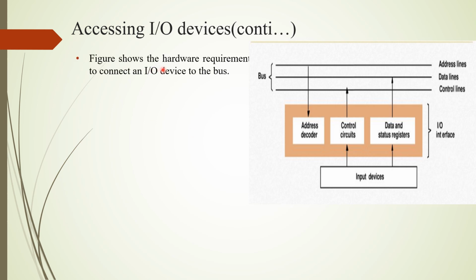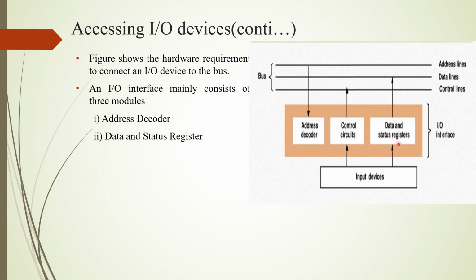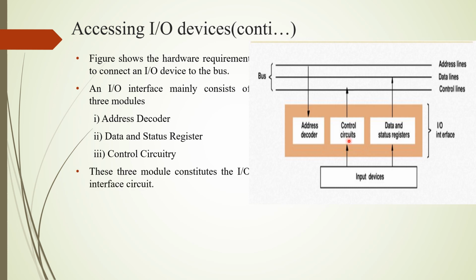This figure shows the hardware requirement to connect an IO device to the bus. An IO interface mainly consists of three modules: address decoder, data and status register, and control circuit. These three modules constitute the IO interface circuit.